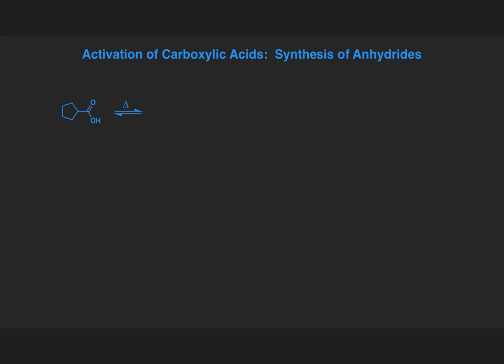The last use of carboxylic acid derivatives in synthesis I want to talk about is the creation of an anhydride, which can then be used to form other carbon-carbon or carbon-heteroatom bonds. And it turns out that if you heat carboxylic acids, and to balance this equation I'm going to need two carboxylic acids, I can form an anhydride plus water.